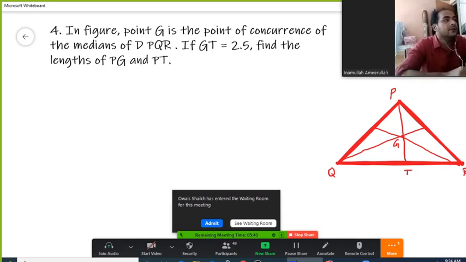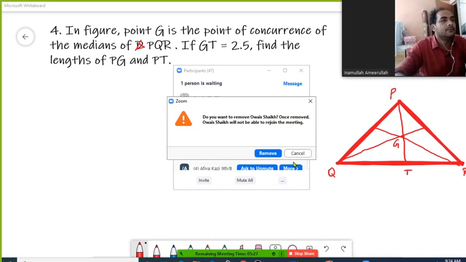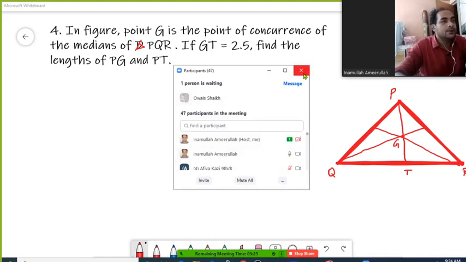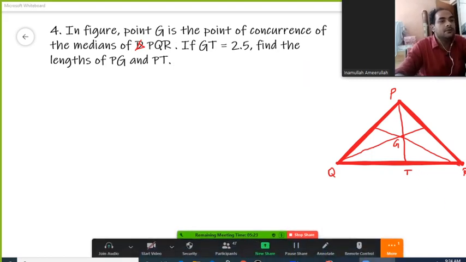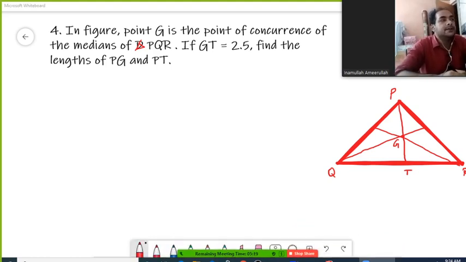In figure, point G is the point of concurrence of the medians of triangle PQR. So here in this question we have one triangle PQR. In triangle PQR, three medians of the triangle are made which intersect each other at point G. So G is the point of concurrence.